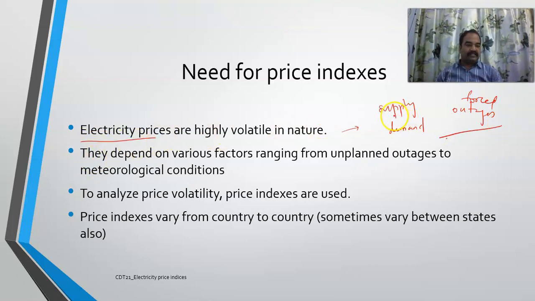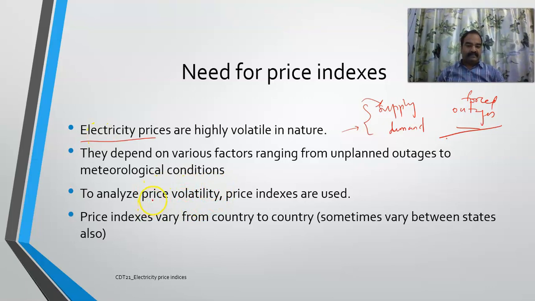In the last class itself, we have seen that there are so many categories which fall under supply class and so many factors which do fall under demand class. As a whole, we can say that due to the variations in supply and demand and due to the forced outages, there is always a high deviation in the electricity prices.